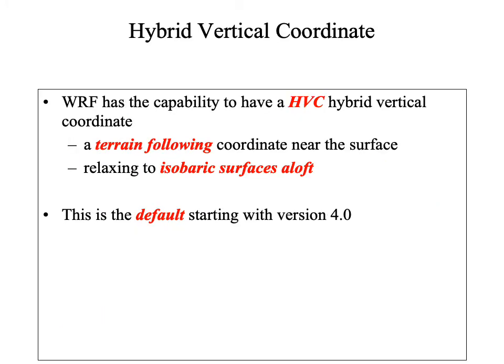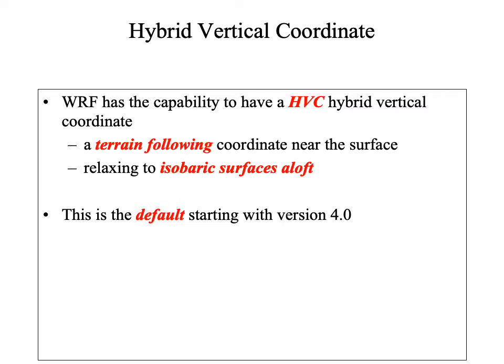The WRF model, and therefore the real program, both support a hybrid vertical coordinate. The hybrid vertical coordinate is such that it is a terrain following vertical coordinate near the surface. So where there is topography, the coordinate surfaces move up and down with the topography. And then it relaxes towards an isobaric surface aloft.